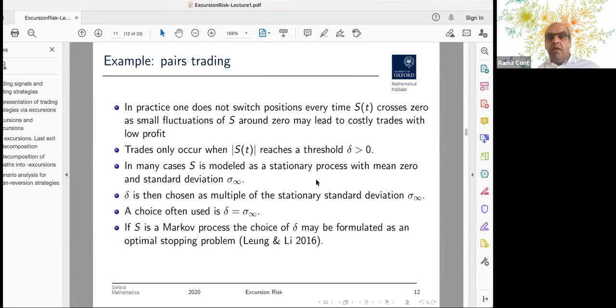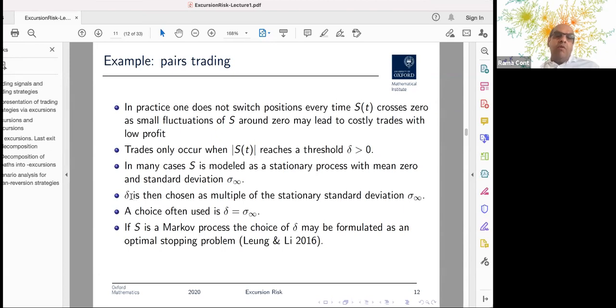So the only thing you need is to model this as a stationary process. You estimate the mean and standard deviation, other parameters if necessary, and then you use these models to forecast S, and then you construct the trading strategies based on that. So here, in this simple example that I gave, the trading strategy is basically based on the choice of a threshold. If you choose the threshold, then you know when to trade.